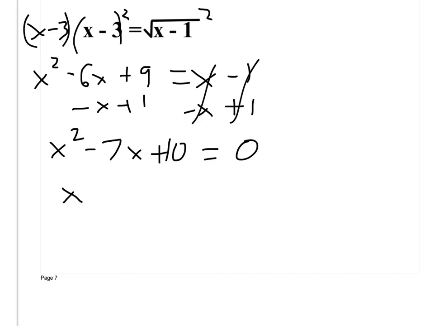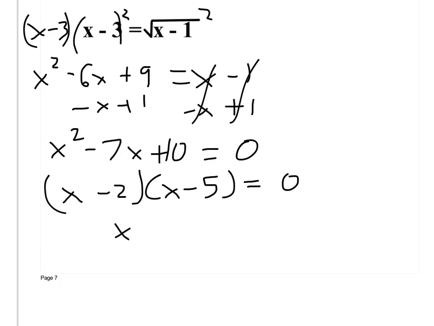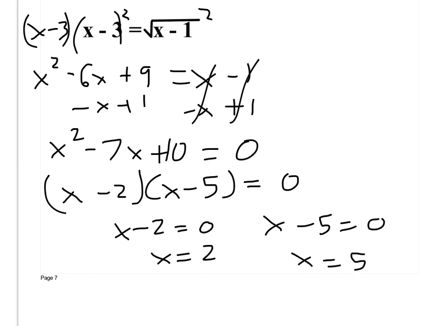How about negative 2 and negative 5? So I do x minus 2 is equal to 0, which gives me x is equal to 2. And x minus 5 is equal to 0, which gives me x equals 5.